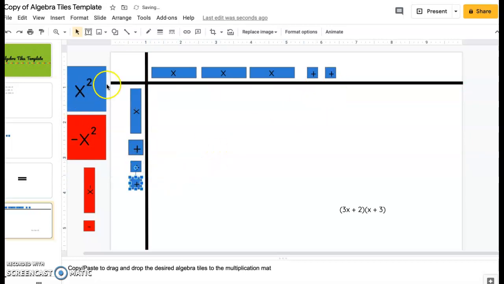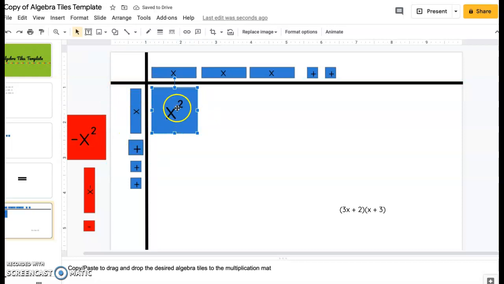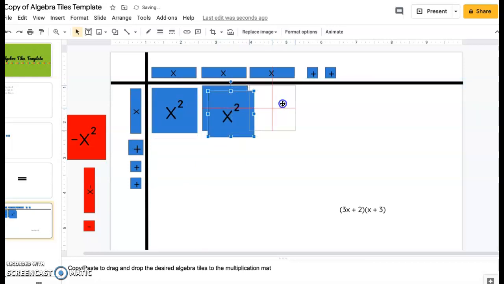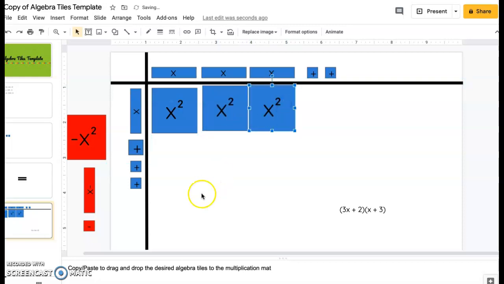Okay. So x times x will bring us x squared. And there's another x squared, because x times x is still x squared. And another one, because x times x is still x to the second. Right, and now we have x times 1. So that will bring us 1x and 2x's. And now it's going to be x times 1 again.